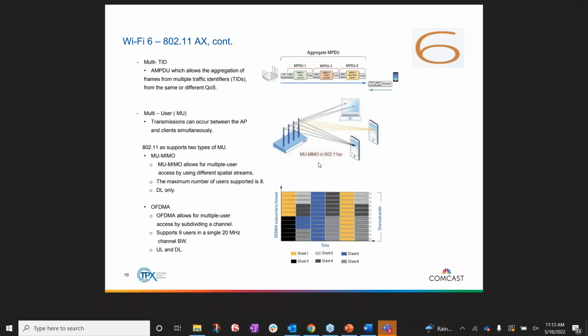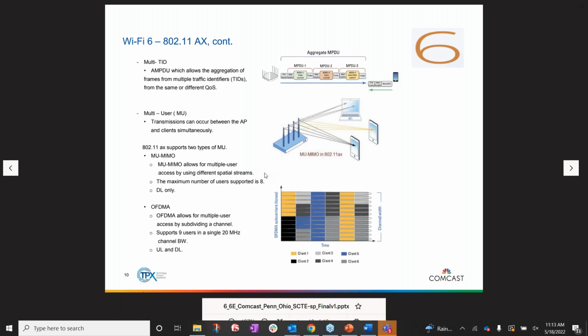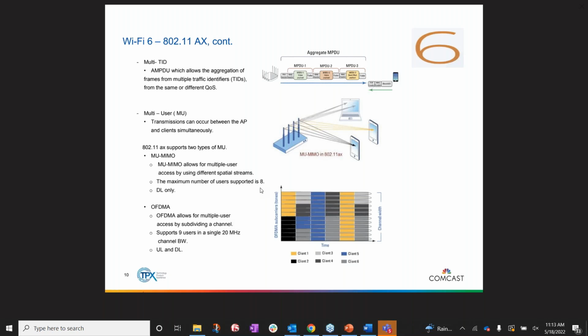OFDMA also does the same kind of job, talking to multiple clients at the same time. However, the way they operate is altogether different. Multi-user MIMO talks to multiple clients using spatial streams. That means it maintains a single lane of traffic to one particular, dedicated client. Like that, it can maintain 8 different clients.